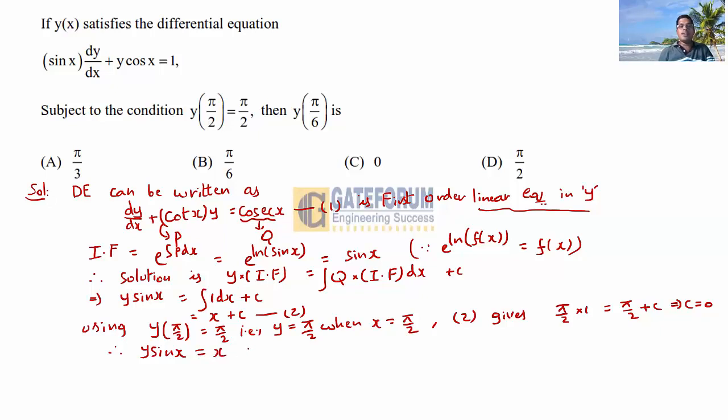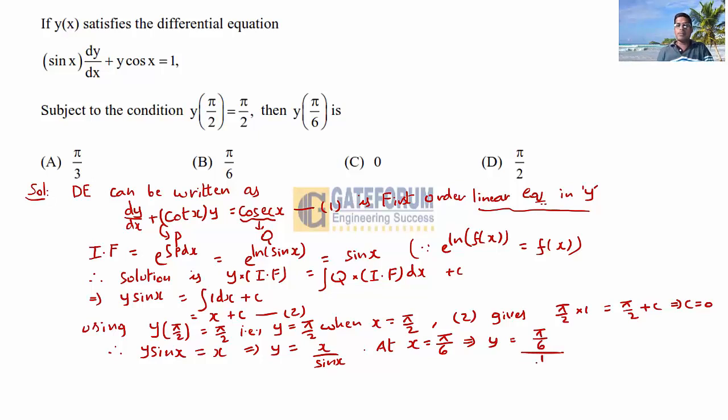Now they are asking for y of pi/6. From this, find the y value, that is x divided by sin x. At x equal to pi/6, y is equal to pi/6 divided by sin pi/6.